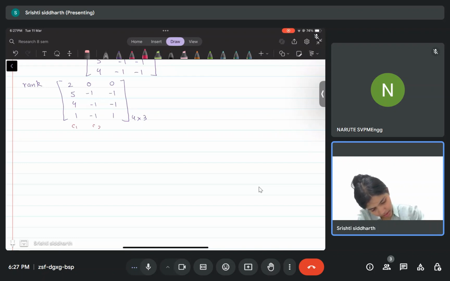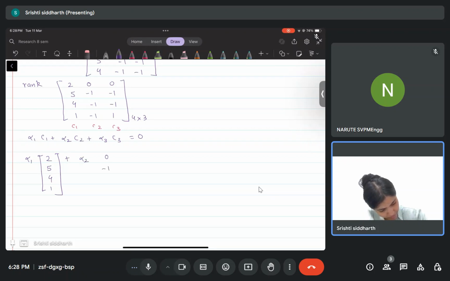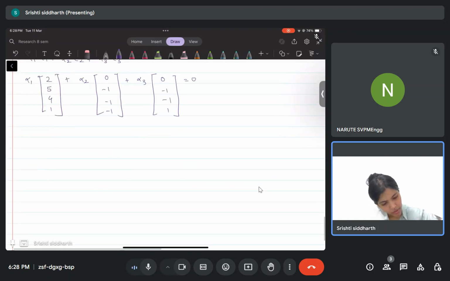Call the columns C1, C2, C3. Alpha 1 C1 plus alpha 2 C2 plus alpha 3 C3 equals 0. So we have the first equation, 2 alpha 1 plus 0 alpha 2 plus 0 alpha 3 equals 0, which simply implies alpha 1 is 0.